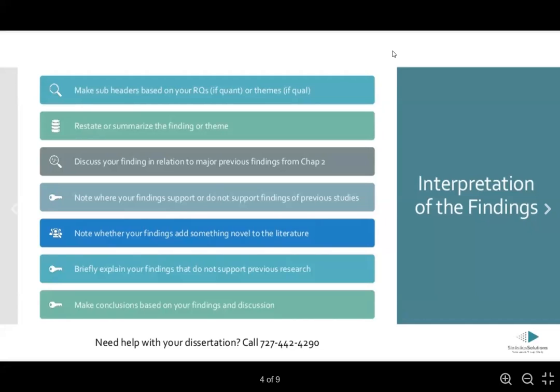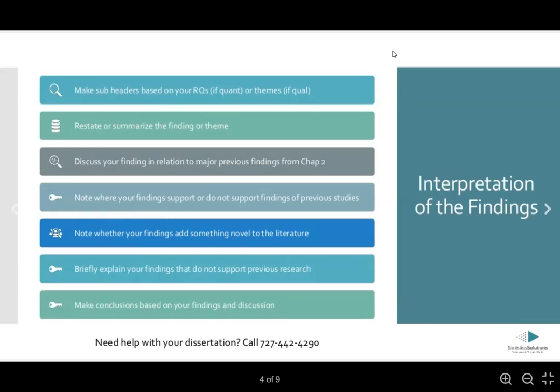One other thing that's important to note here is that where your findings do not coincide with previous literature, you may want to discuss why that is. We'll talk about this a little bit in the limitations section as well, but if there's any features of your study that may have tampered your results or have made your results different from previous findings, you'll want to talk about that.